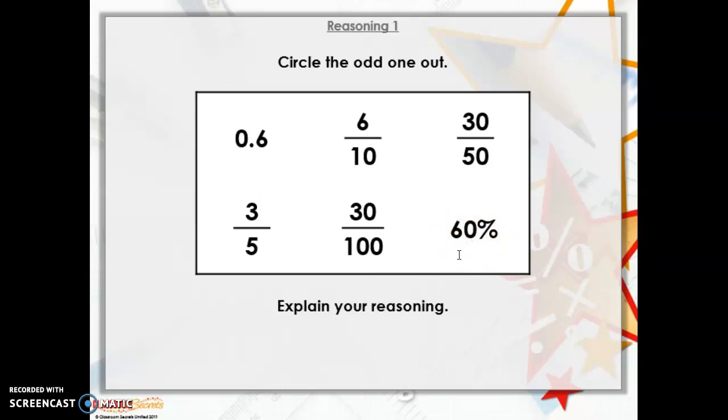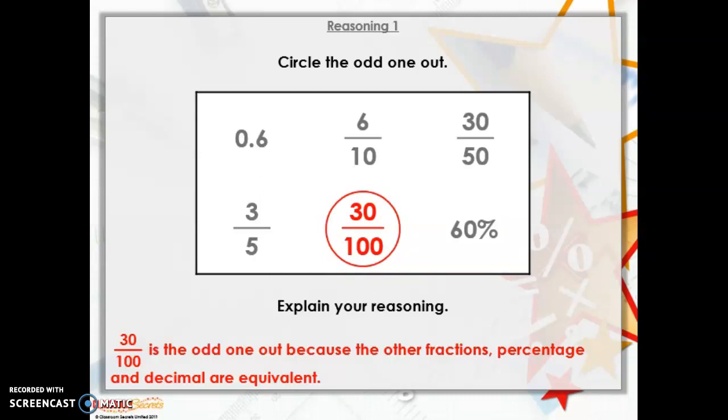Okay, so those three are equivalent. 30 over 50 is the same as 60 over 100, so that again is equal to 60% or 0.6. Okay, 3/5 is the same as 6/10, so once again you have got your 6/10. So here you are only left with 30 over 100 or 30%. So that is your odd one out. All right.